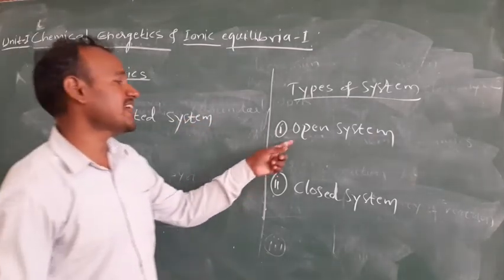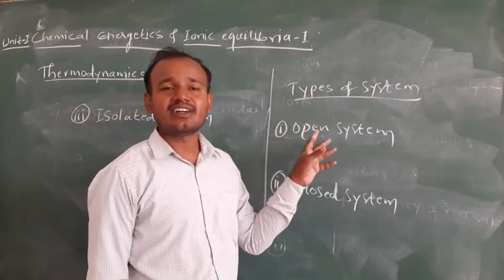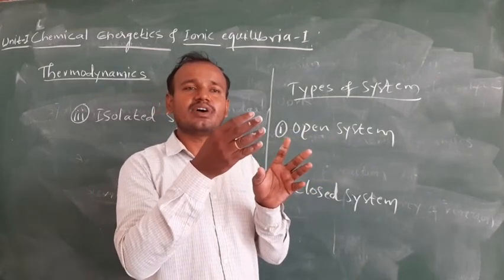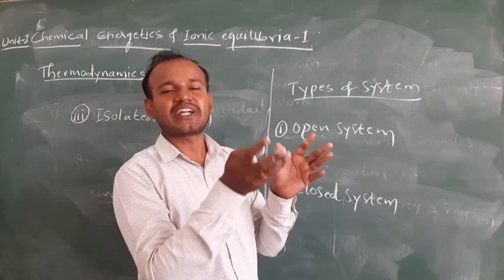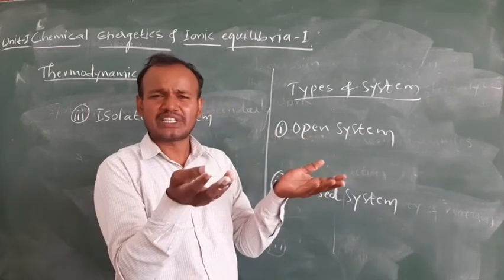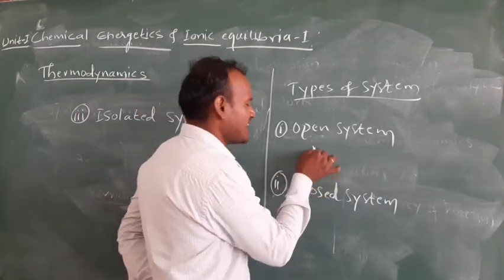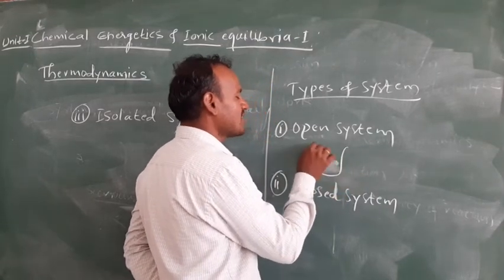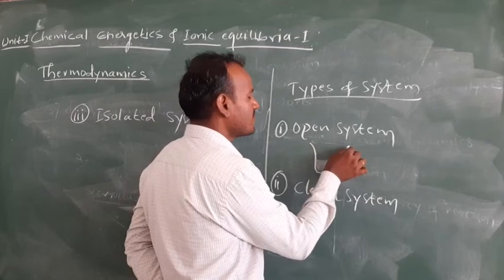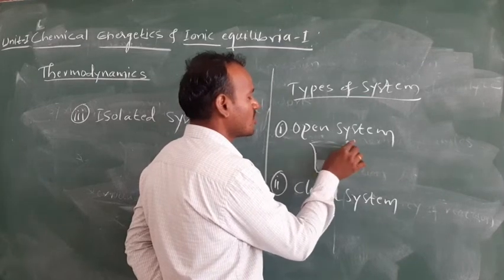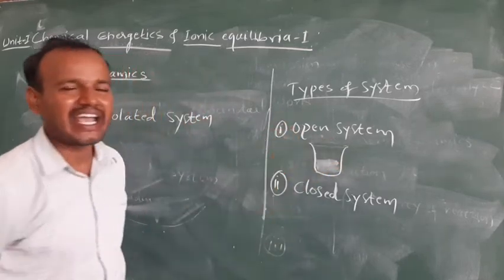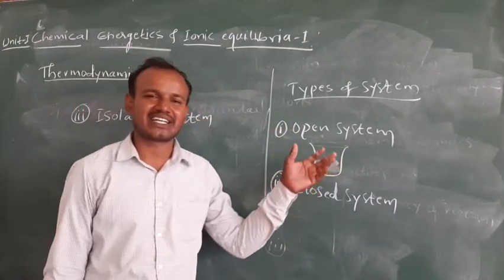The name itself says open. Open means here there is no real boundary to separate system and surrounding. It is open with the surroundings. Say for example, if I take a beaker, keep water and don't close this beaker with any material, like a watch glass or anything.